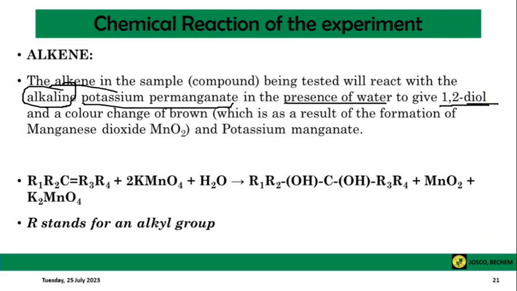This is not the only compound that will be formed as the product. We are also going to form manganese dioxide with the formula MnO2 and potassium manganate. Now let us look at the general chemical reaction for this experiment.